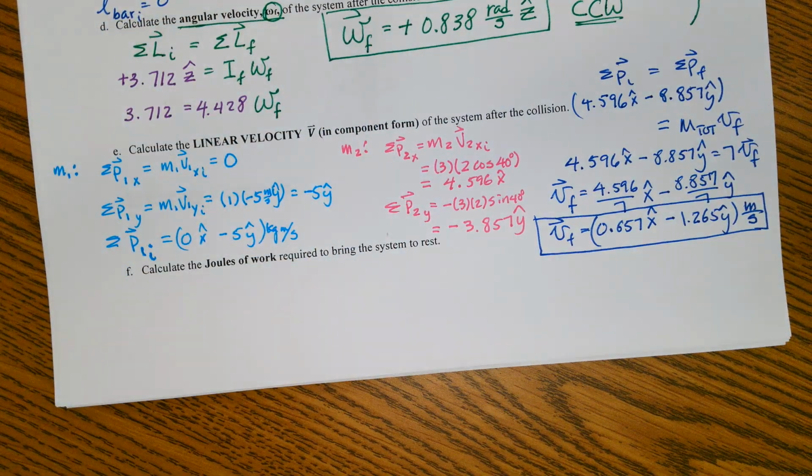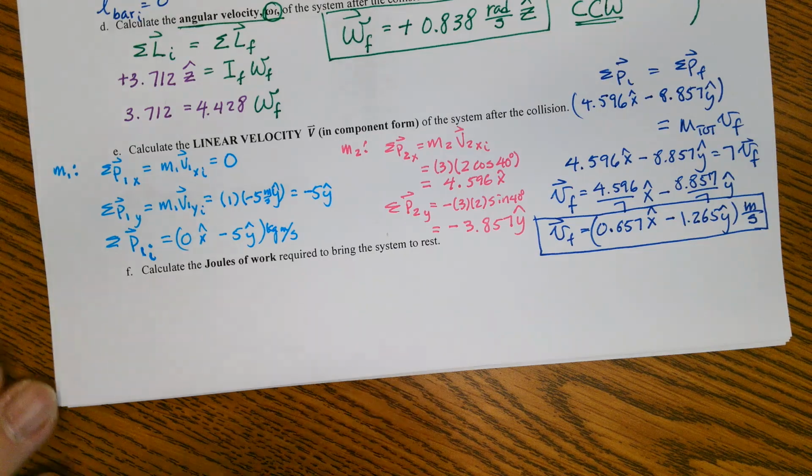To bring that to rest, there has to be a change in kinetic energy from final, which is 0, minus the initial kinetic energy of rotational and translational. That change in kinetic energy is equal to the work to bring that to rest.